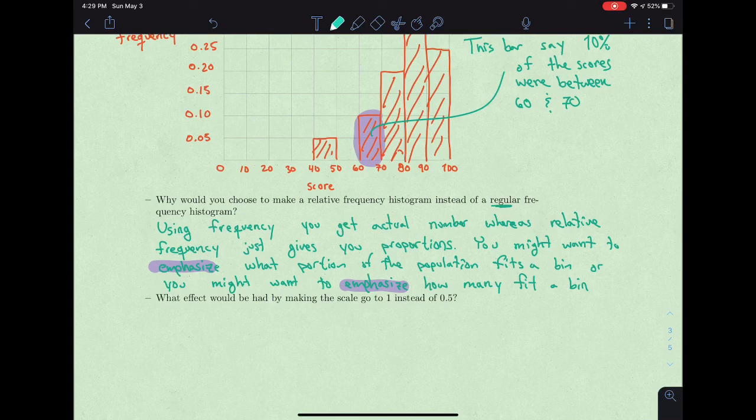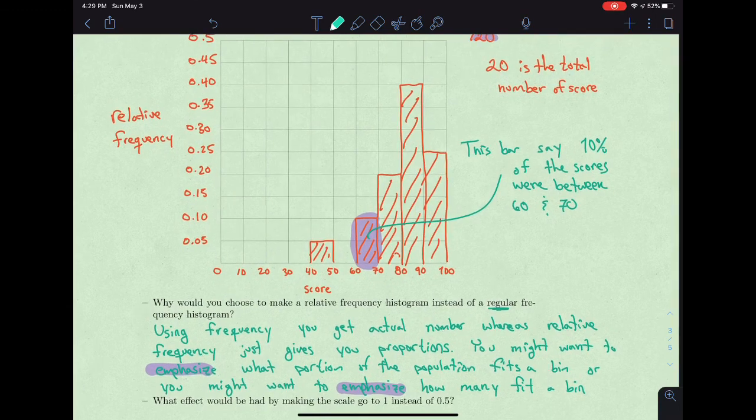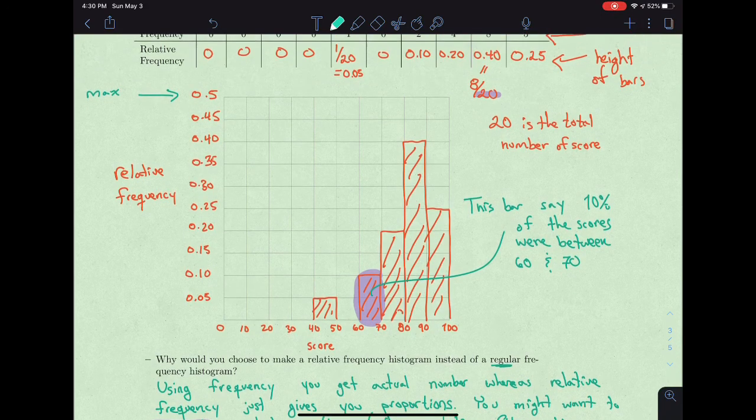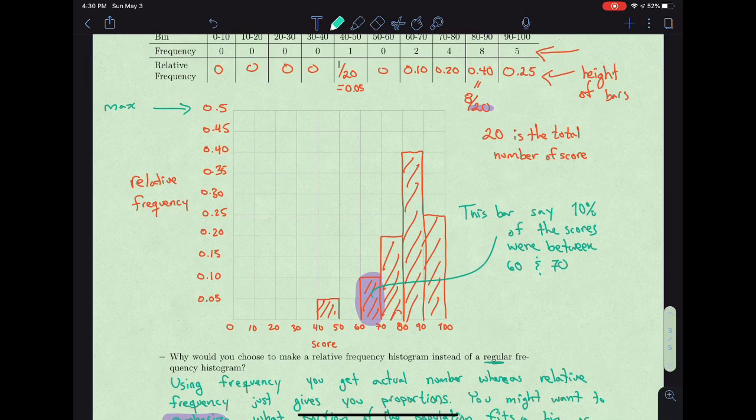And then let's ask one more question about design principles almost. What effect would be had by making the scale go to 1 instead of 0.5? What I mean by this is, the maximum number we had here was 0.5, but we could have maxed out at 1.0. 1.0 is the highest relative frequency you can have, because when you're calculating relative frequency, you're doing a fraction and you're counting how many out of the total number.